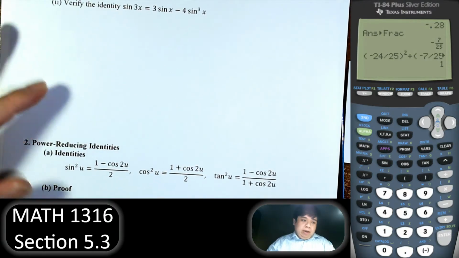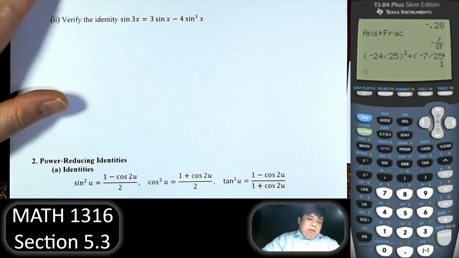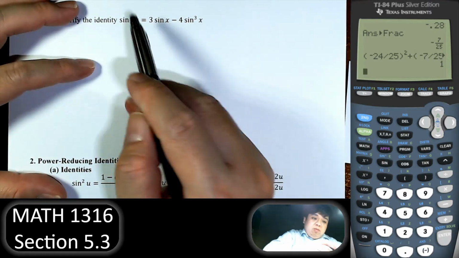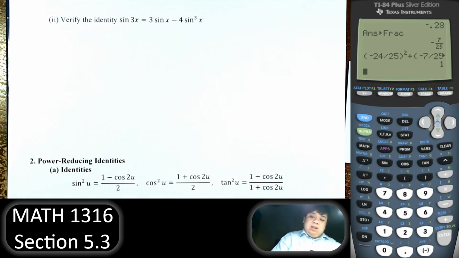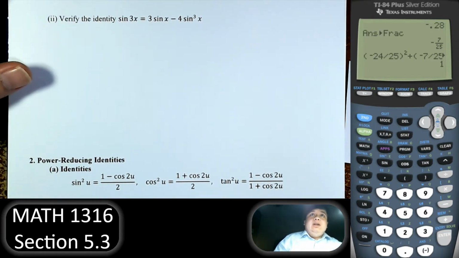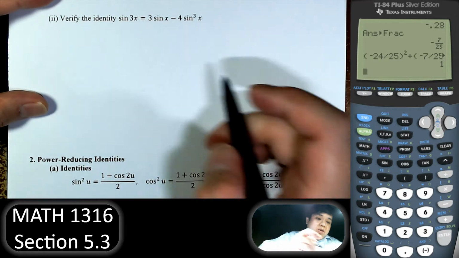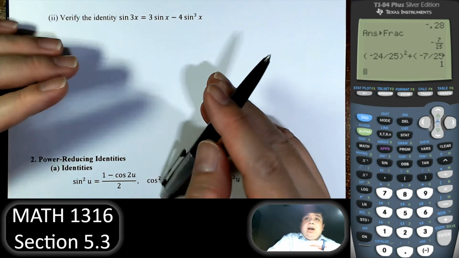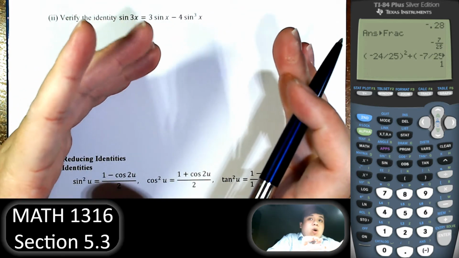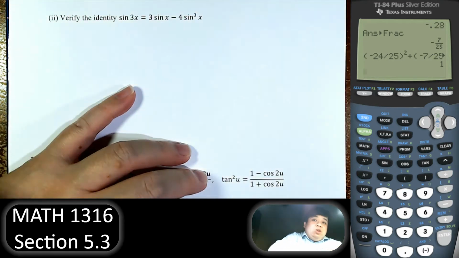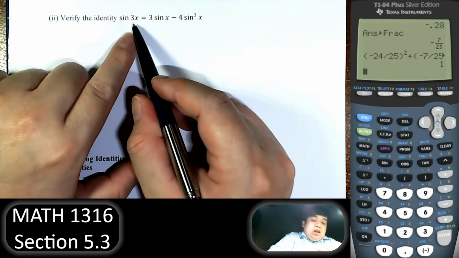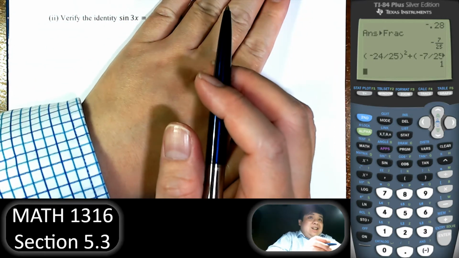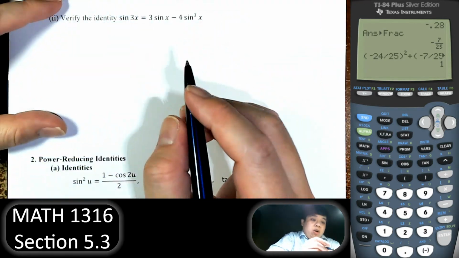Now let's verify what is called the triple angle identities. We don't need to memorize these, but we can derive them whenever we need. So sine of 3x. Let's start with that. Usually when we prove an identity, we start with the more complicated side and simplify it. However, for sine of 3x, we don't know what it is equal to, so we might want to start with that.